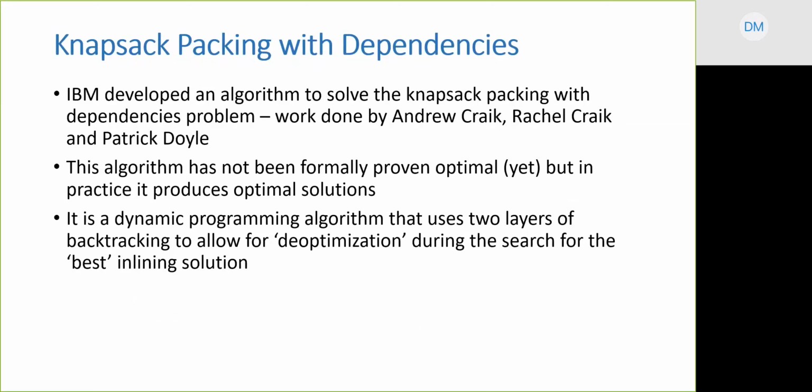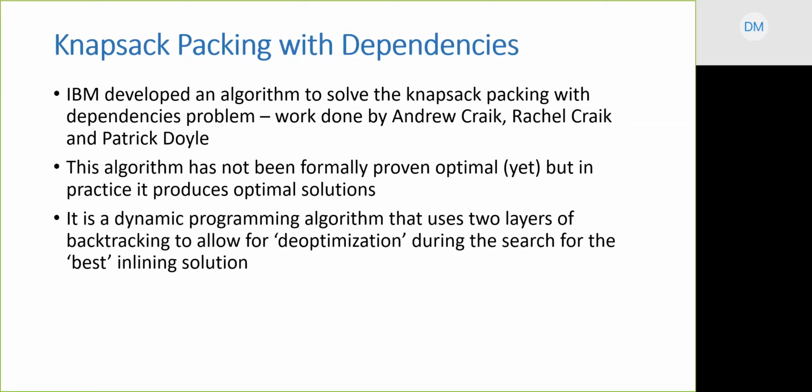That is a solvable problem. It has well-known algorithms in the literature. Now, if you add dependencies between those, so you can only include A if you've included B, for example, there are very few algorithms that can solve that problem. So what we developed was an algorithm to solve that problem.